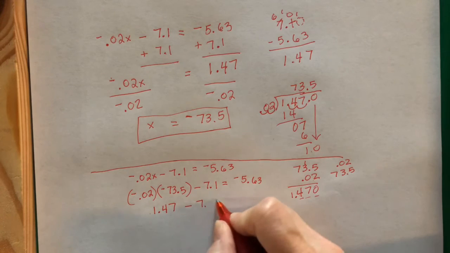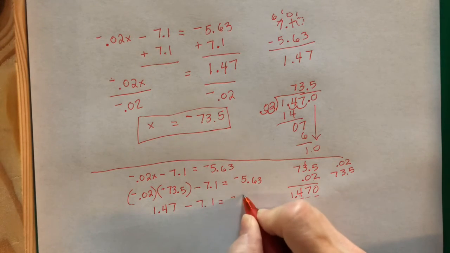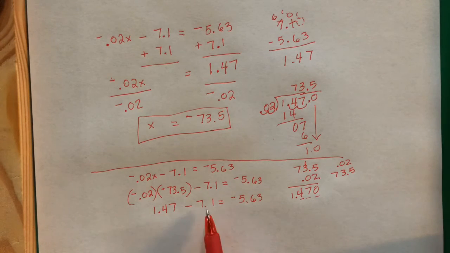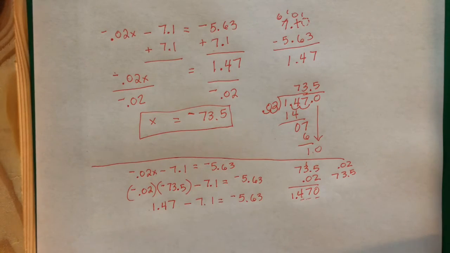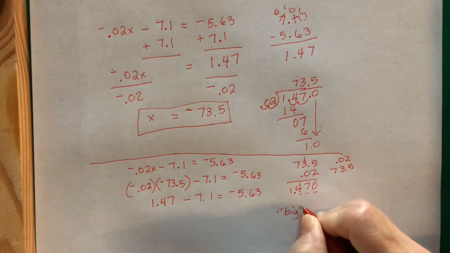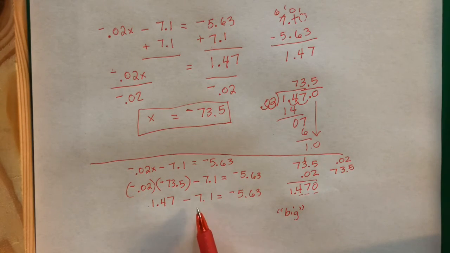minus 7.1 equals negative 5.63. Now, when I do this one, my larger absolute value, the big one, not really, I say the big one, because it's not really always the biggest.